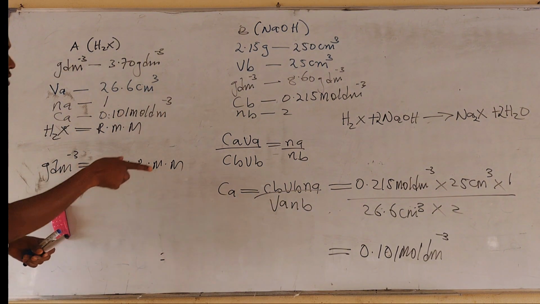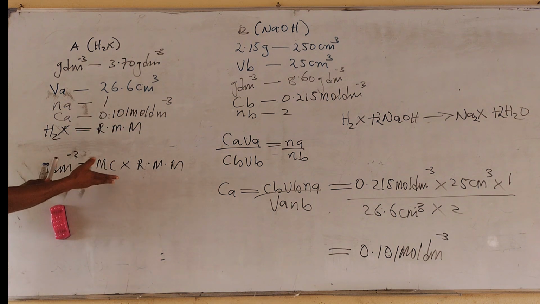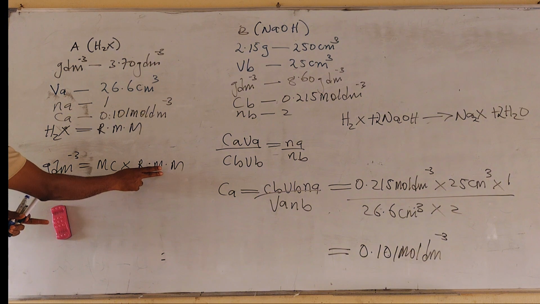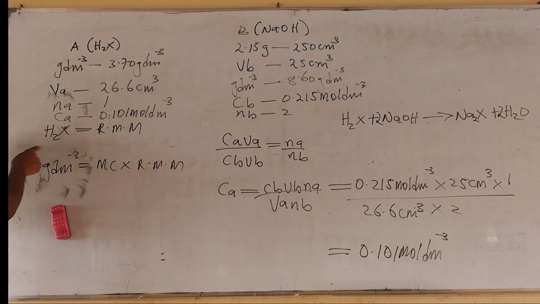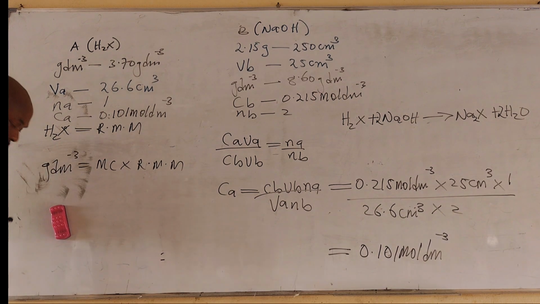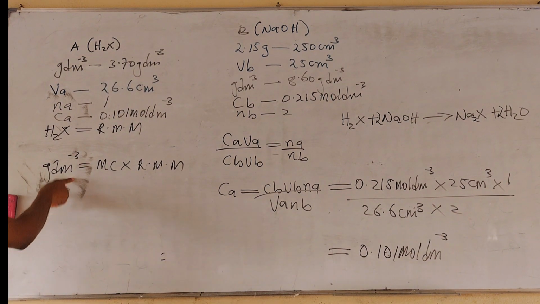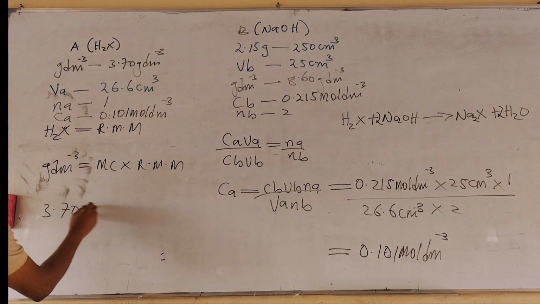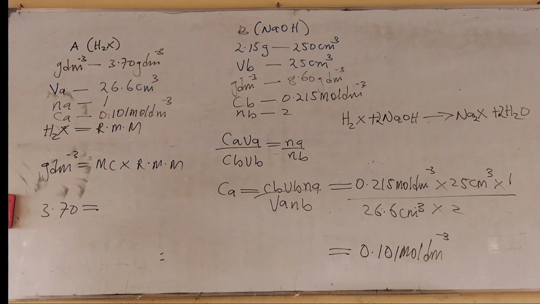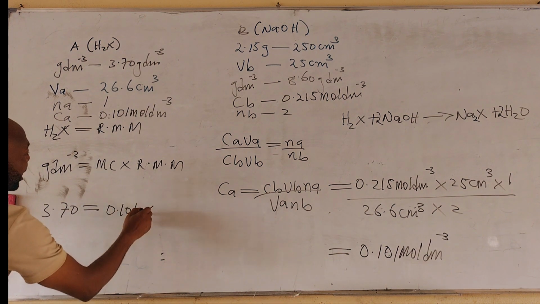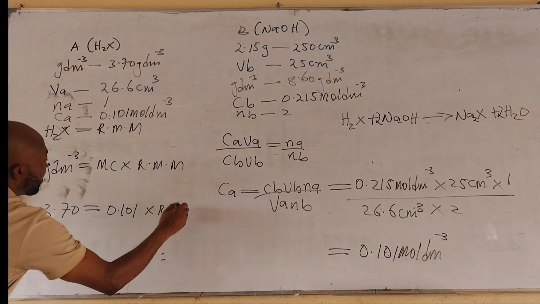Now, if that is true, I have my molar concentration now. So I can easily get my relative molecular mass so that I can use this formula. All this we are doing is just to apply this formula. So let's see how that goes. My g/dm³ was given to be 3.70, which is equal to the molar concentration, which I just got, 0.101, times my relative molecular mass.